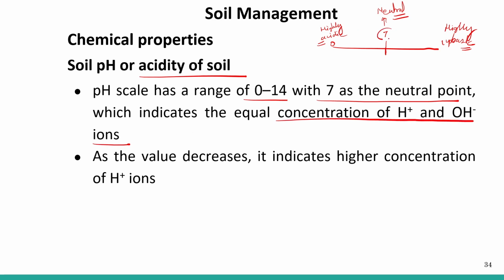So at this point, OH and hydrogen ions are equal. As the value decreases, it indicates a higher concentration of hydrogen ion. So depending upon whether hydrogen is increasing or OH ion is decreasing, right? If the hydrogen ion is slightly increasing, then it is good for the growth of the plant.